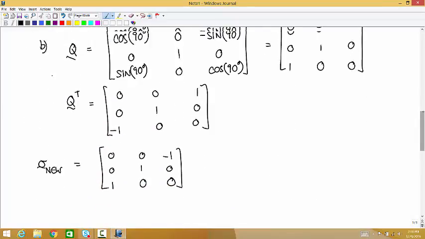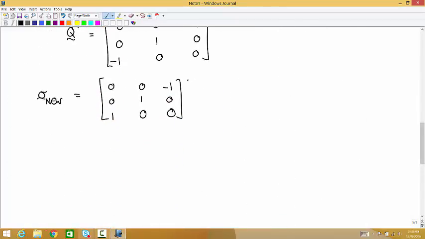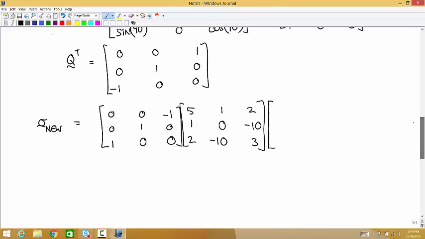I think I gave it, didn't I? And then multiply by the rotation matrix transpose.